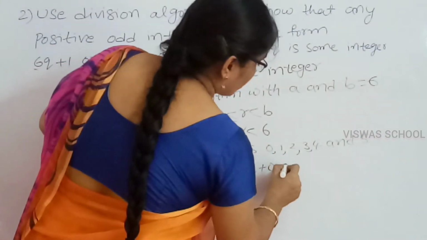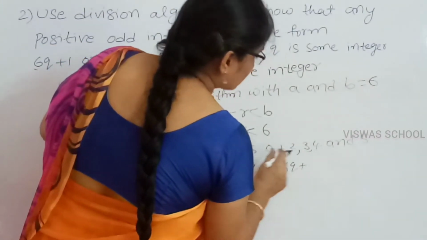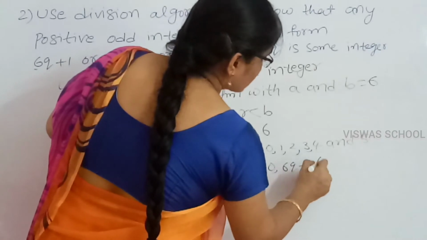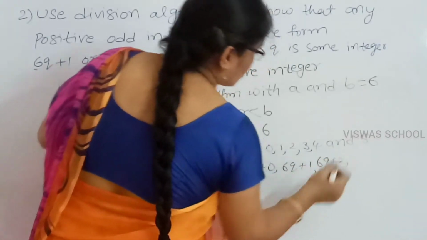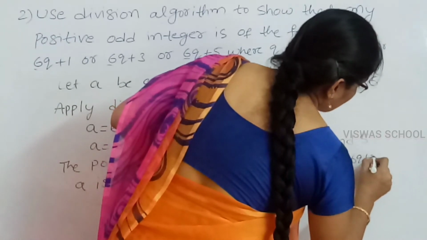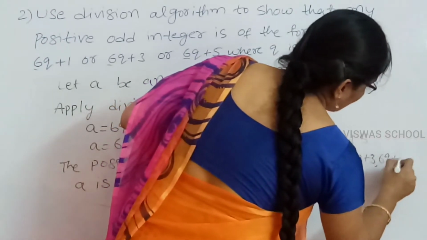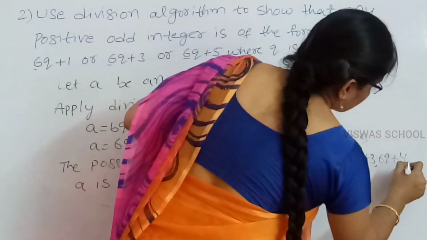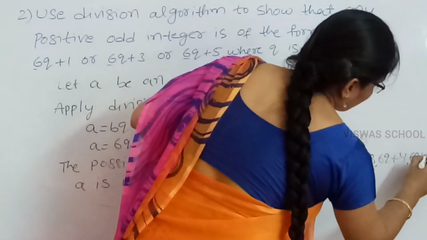Next one is 1, that is 6q plus 1. Next in the same way 6q plus 2. Next one is 6q plus 3. Next one is 6q plus 4. And last one is 6q plus 5.